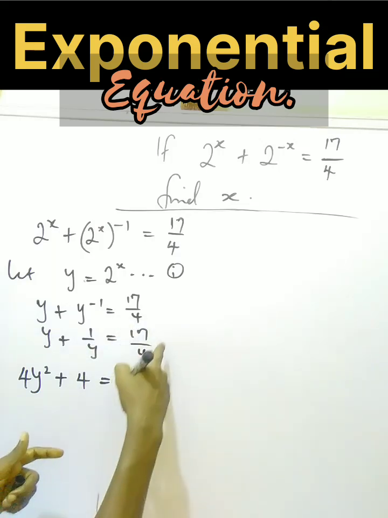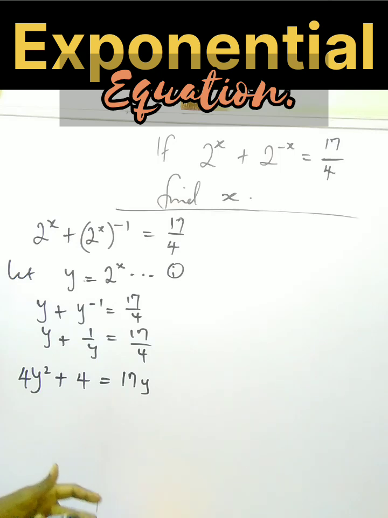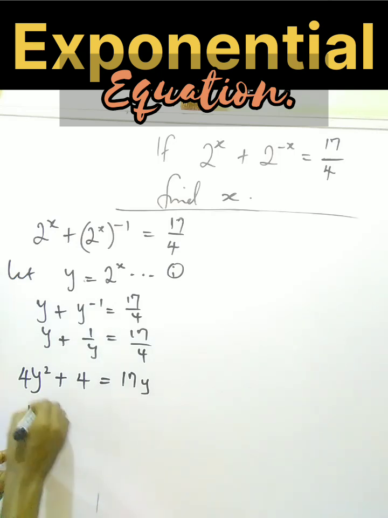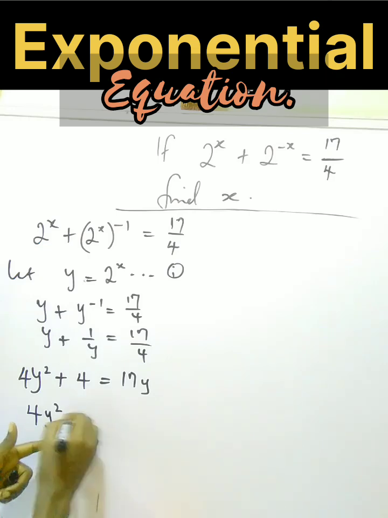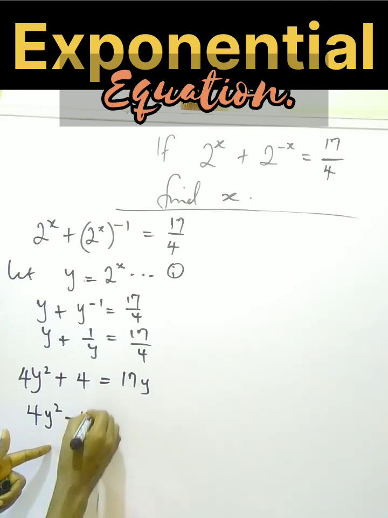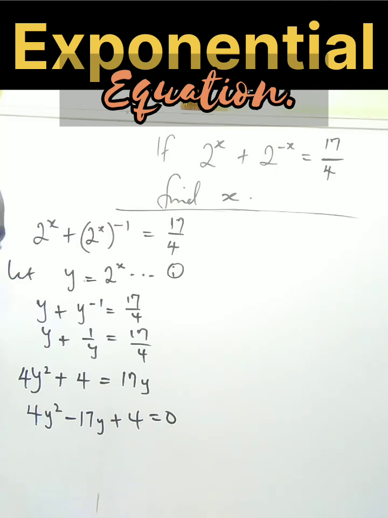Multiply this also by 4y, that will give me 17y. So you can see that this is leading me to the quadratic. It becomes 4y squared minus 17y plus 4 equal to 0. So you can see now that it has led us to a quadratic equation.